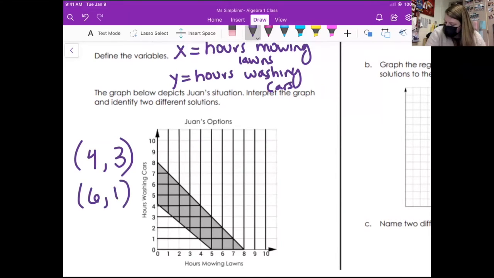He could spend 6 hours mowing lawns and 1 hour washing cars. What else? Grace? 2, 6. 2 hours mowing lawns, 6 hours washing cars. Mackenzie? 2, 5. He could also do 7, 0.